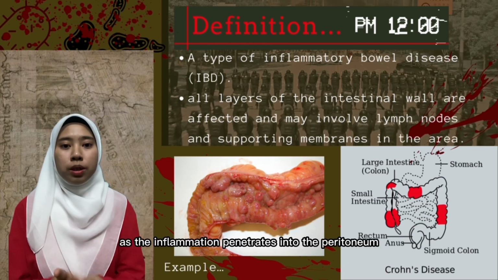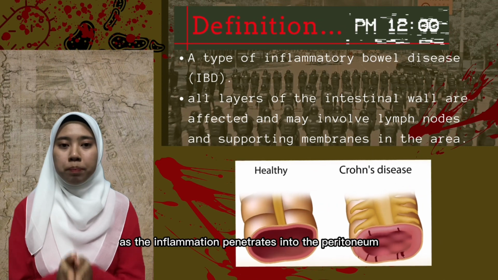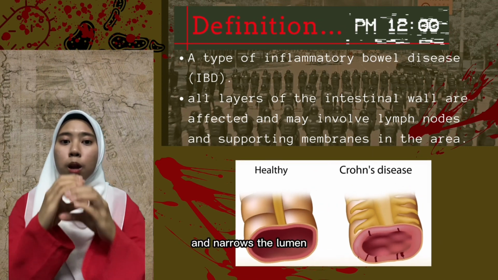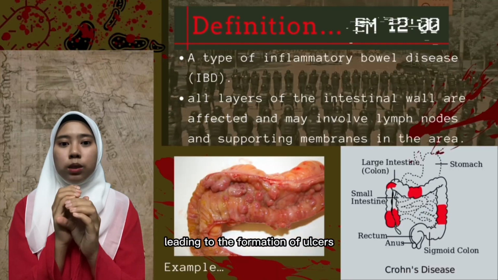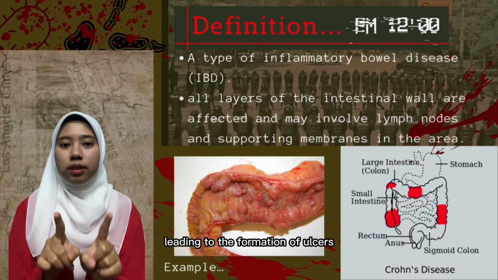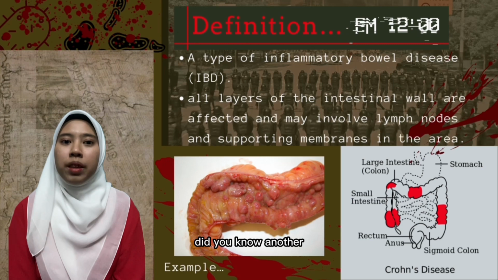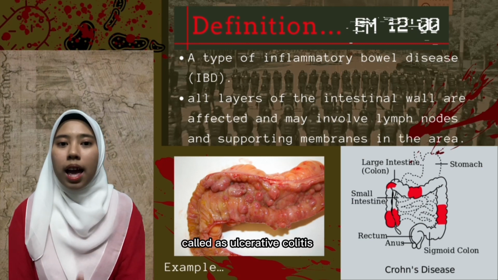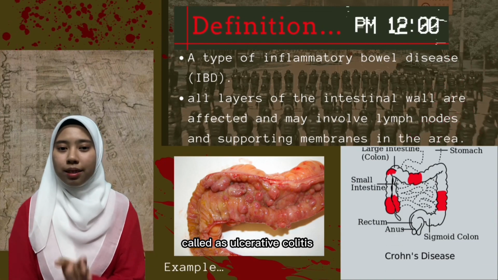As the inflammation penetrates into the peritoneum, fibrosis thickens the intestinal wall and narrows the lumen, leading to the formation of ulcers. Did you know? Another commonly diagnosed IBD is called ulcerative colitis.